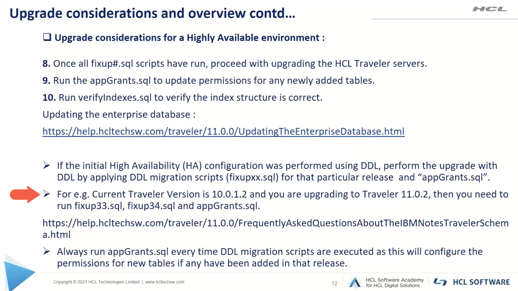Then you need to run fixup33.sql, fixup34.sql, and then the appgrant.sql script. In order to identify which script you need to run, you can refer to the Table 1 migration script section at the documentation URL provided on this slide. We always recommend that you run the appgrant.sql script every time you execute these DDL migration scripts. Moving on to the next slide.